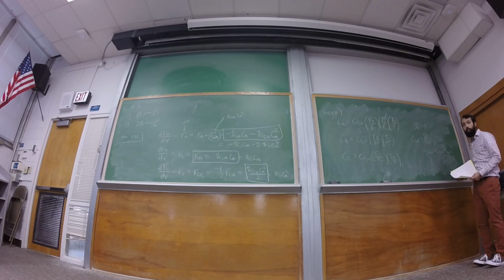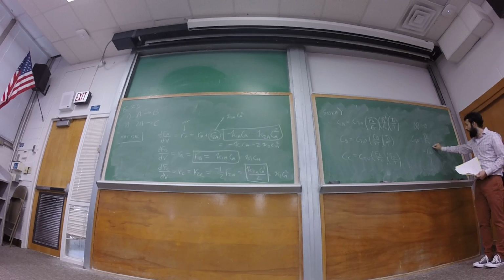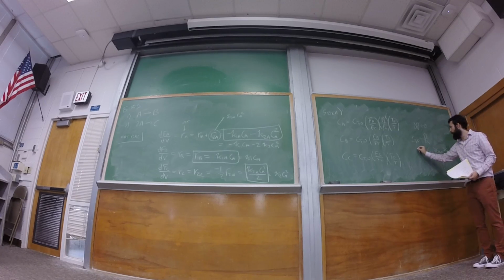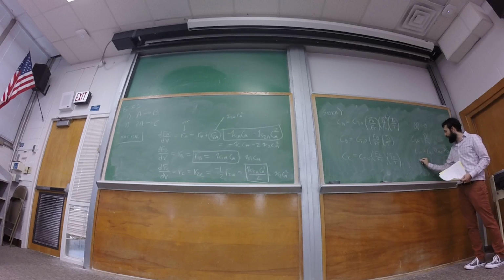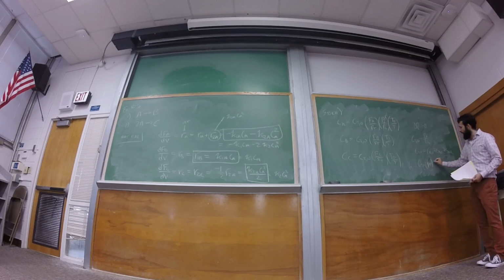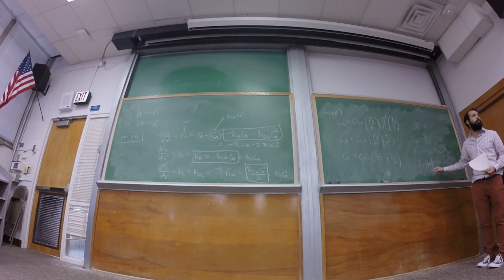Pure A is the feed, so these go away. Were we given the initial concentration of A? Yes, so we're done. You can also define it as the total concentration times the initial molar fraction of A is equal to CA naught, and again, this is pure, so that's just one.